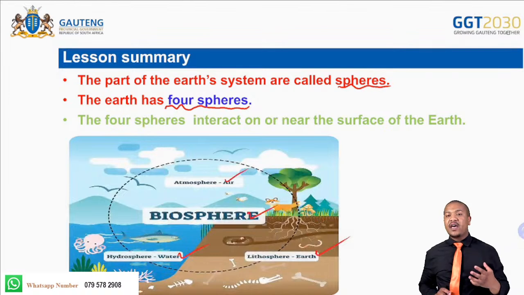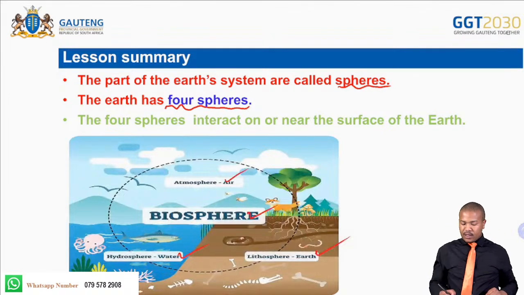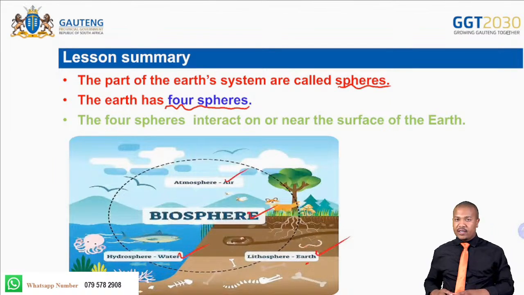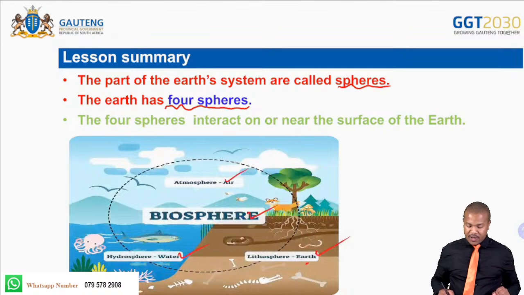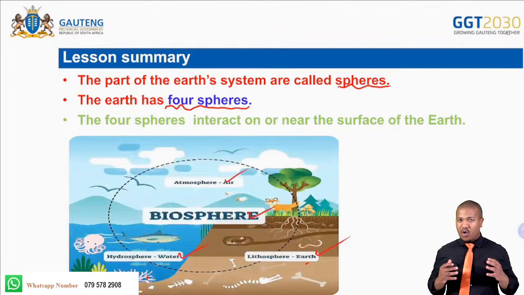The atmosphere is the layer of gases around the Earth. The lithosphere is all the solid rocks and soil of our Earth. The hydrosphere is all the waters of our Earth, be they solid, liquid, or gaseous.